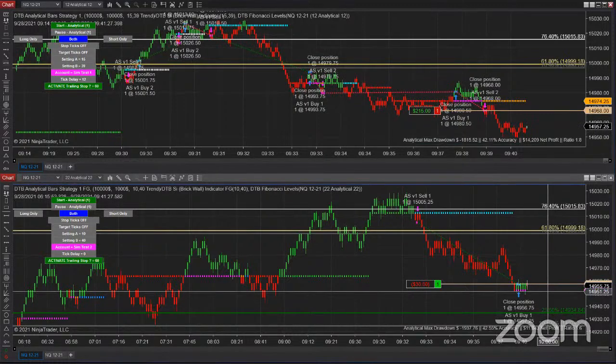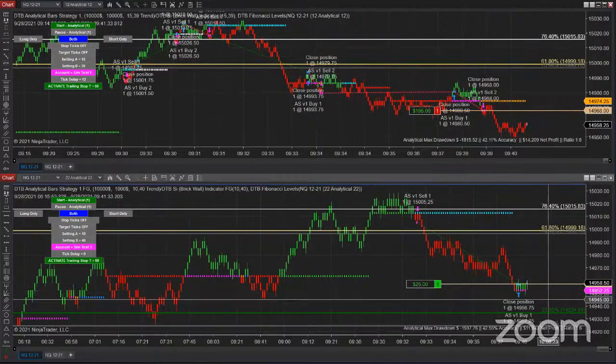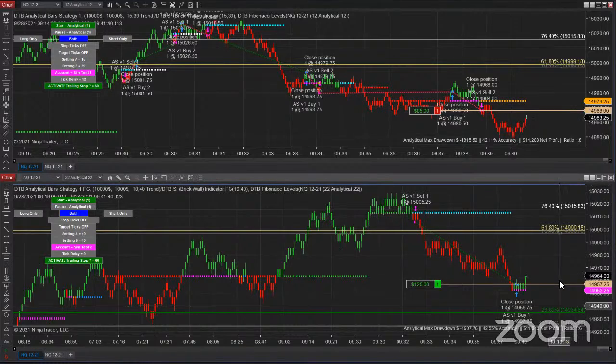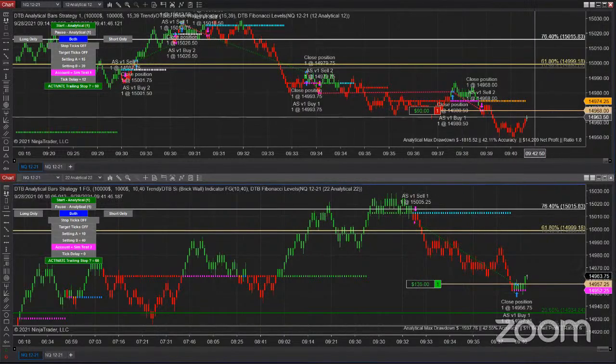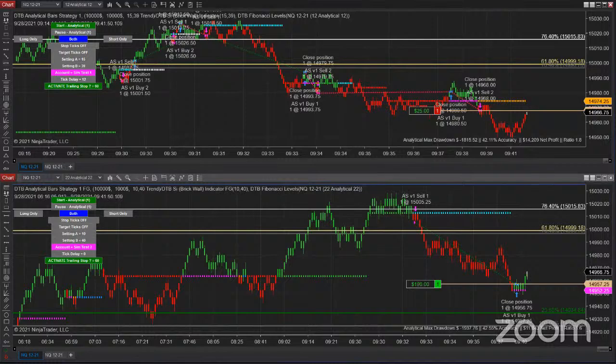We'll more than likely see a switch of signal if this price drops below over here. But it looks like it's going up a little bit from here. It may even just be coming up to retest this brick wall over here and then drop down again.